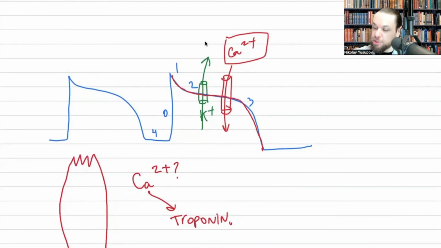Another thing that you may remember, in the setting of SVT or rapid AFib, you may call medical control, and if the blood pressure is good or elevated, you may ask for diltiazem, which is a calcium channel blocker. But some doctors, when you call them up, will say, hey, I want you to pre-treat your patient with calcium chloride before you give this drug. Give them IV calcium.